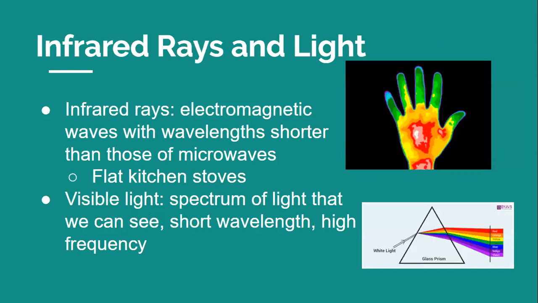So infrared and visible light are the next two. Infrared is what you see if you turn on an electric stove burner, pretty much those flat top kitchen stoves. You are going to be looking at infrared rays. The invisible heat, quote unquote, that you feel is called infrared radiation. Infrared rays are electromagnetic waves with a wavelength shorter than those of microwaves.